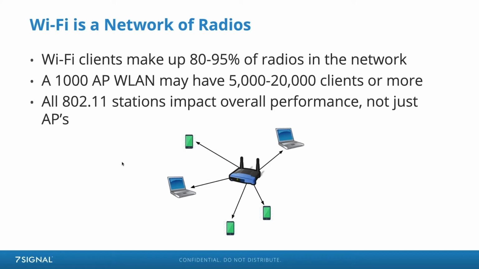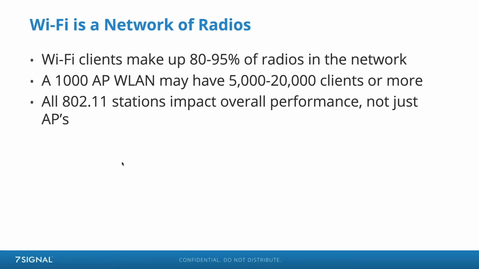The access point is transmitting and the clients are receiving, just like we do with AM/FM radio, for example. You've got a big transmitter up on a hill somewhere, and you've got radios in the region that are receiving its signal. But Wi-Fi is actually much more complex than that.